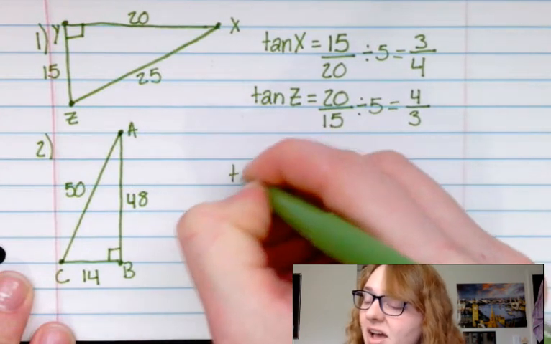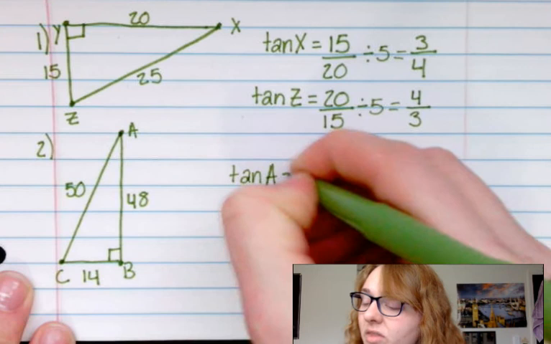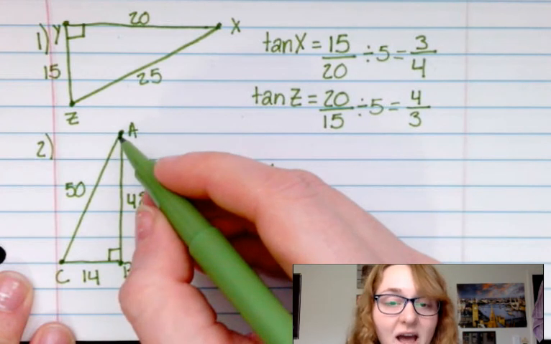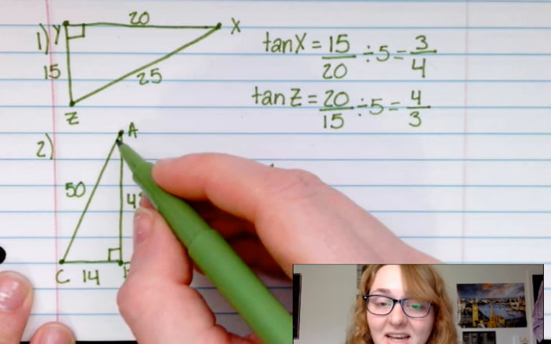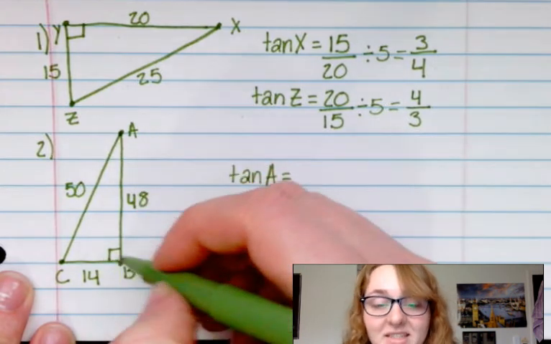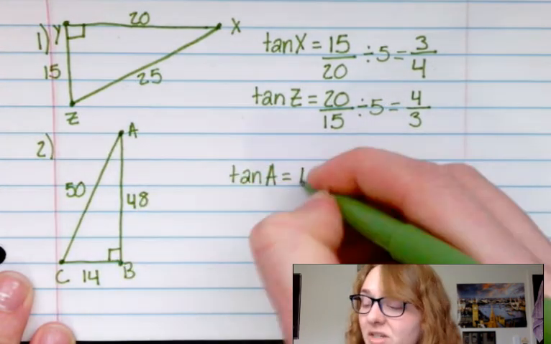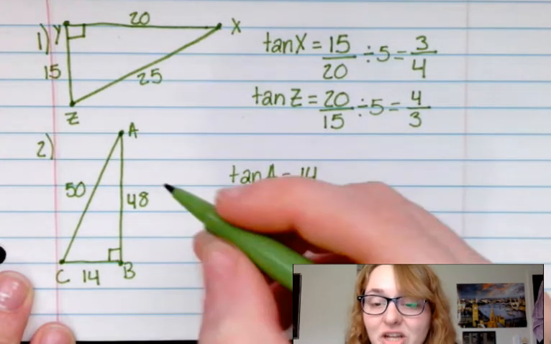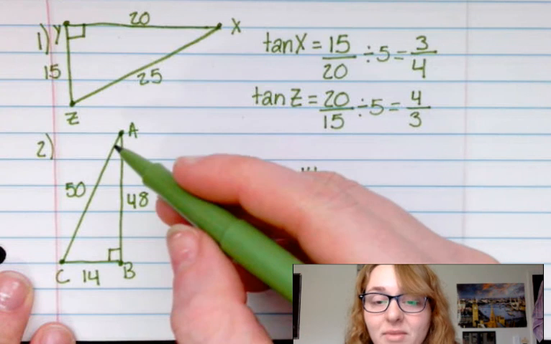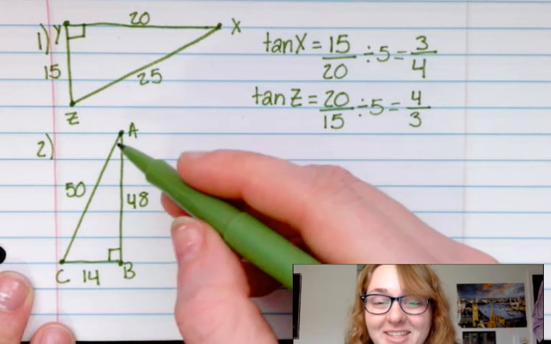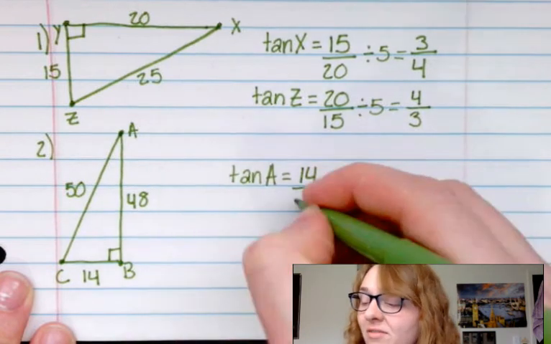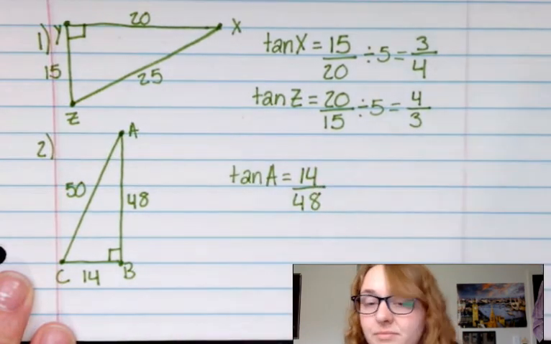So the tangent of A, we want to take the angle opposite, the side not touching angle A, which is going to be this side CB at 14 units long. And then the leg adjacent, the leg touching, the side that is not the hypotenuse here, for angle A, which is the side AB at 48 units.